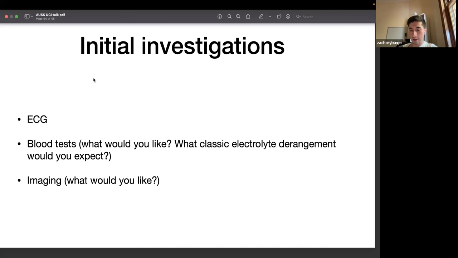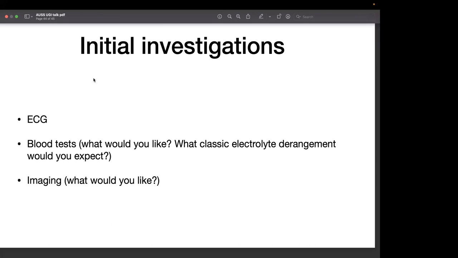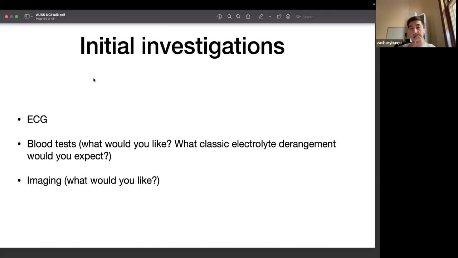Excellent. And what might you expect to see in a patient who's quite significantly dehydrated? They'll be hypokalemic. Yeah, so they might have electrolyte related ECG changes. They might have sinus tachycardia just because they're so fluid deplete.